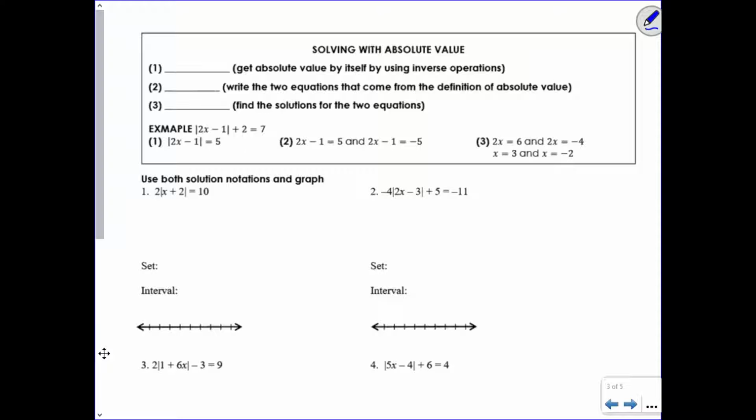So I came up with this little 3-step process. They all start with S, so they're easy to remember. Your first step is simplify. Then split.